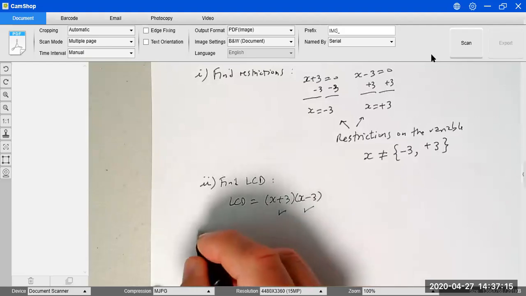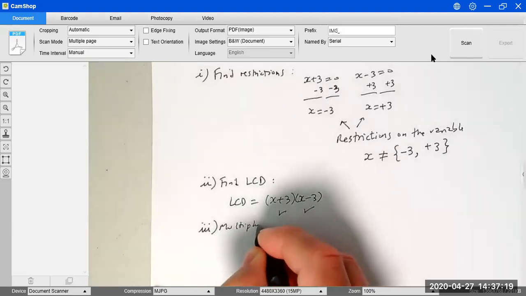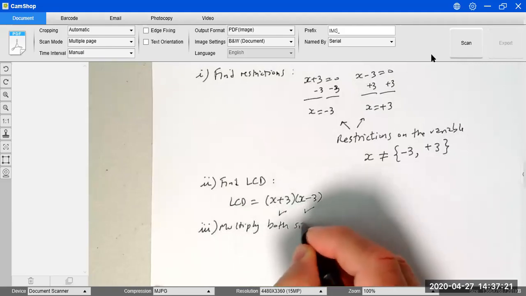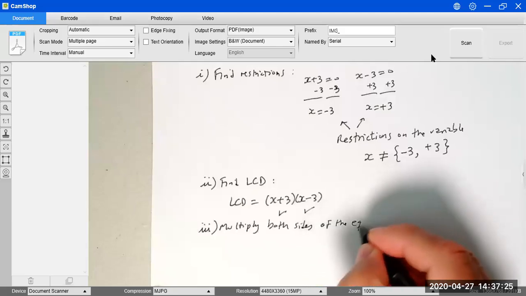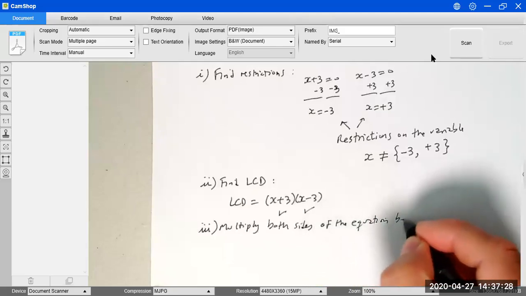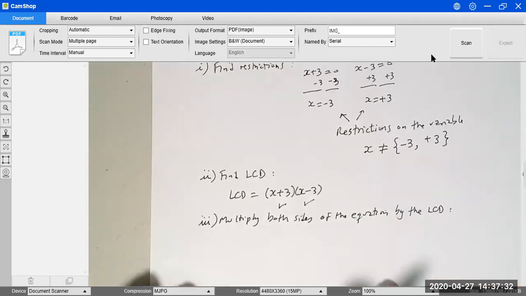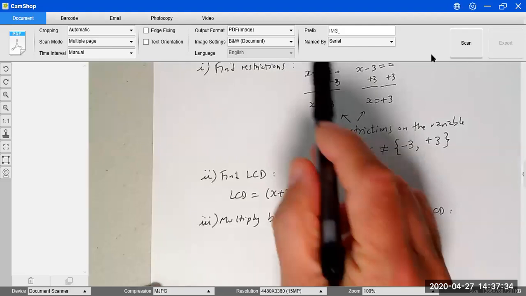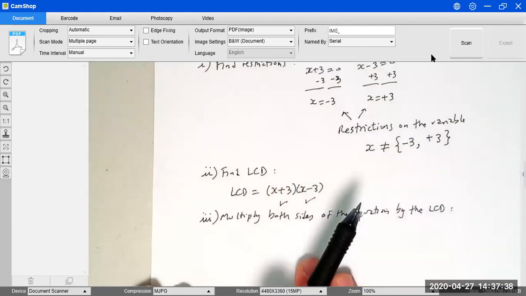So now we're going to multiply both sides of the equation by the least common denominator. So every piece, every fraction here is going to be multiplied by the least common denominator.